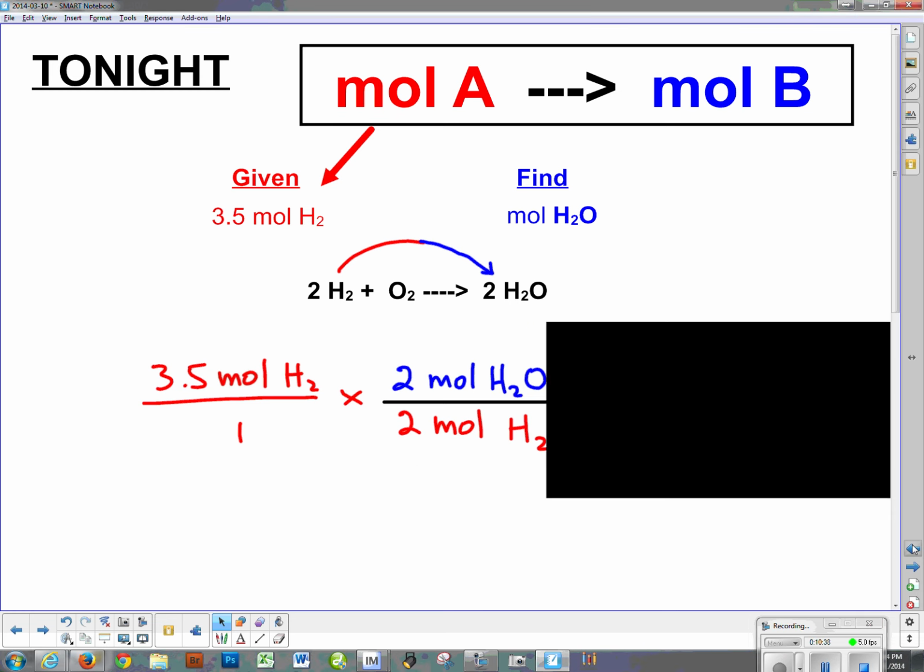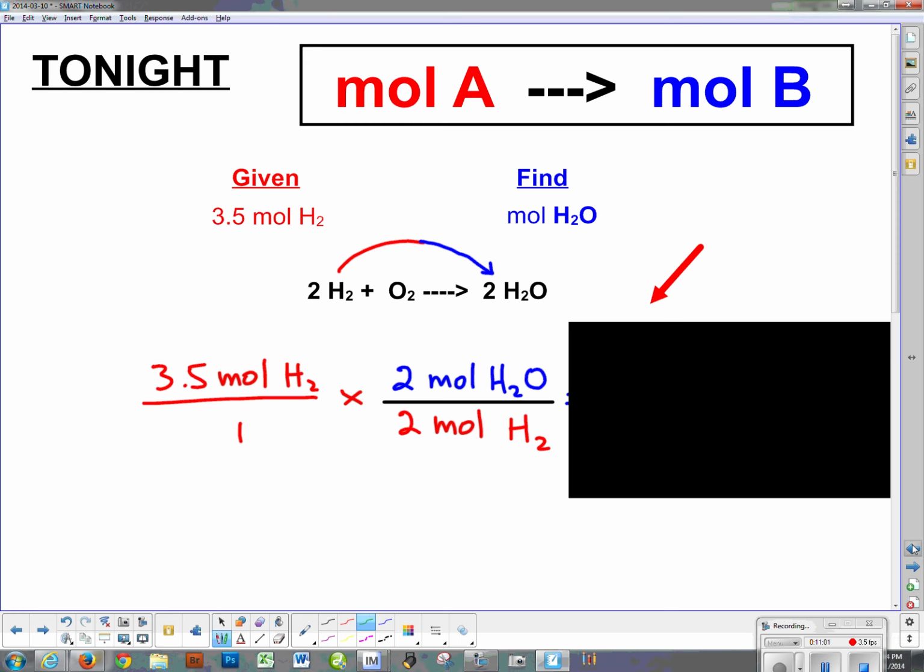So the mole ratio is going to come from here and here, because given and find are taking us from here over to here. And so hydrogen has to be on the bottom to cancel the hydrogens here.